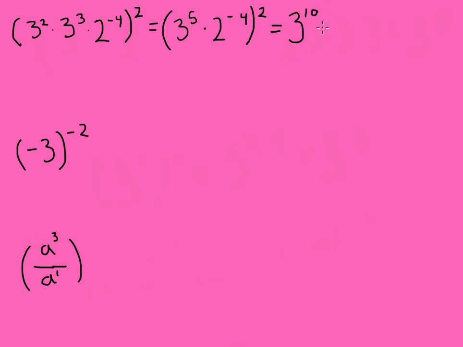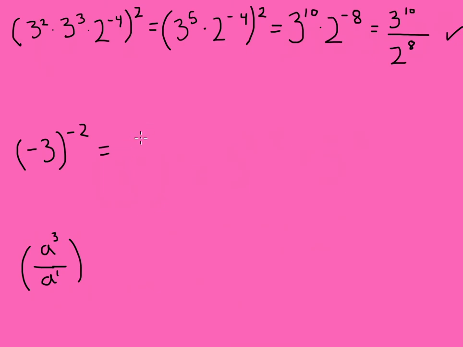But what I can do is take that exponent that is outside of the parentheses and distribute it over the terms that are inside. And so I end up with 3 to the 10th times 2 to the negative 8th. And then we'll just remember that 2 to the negative 8th, we can move that to the denominator and change the sign of the exponent.